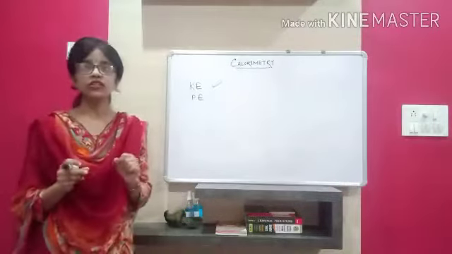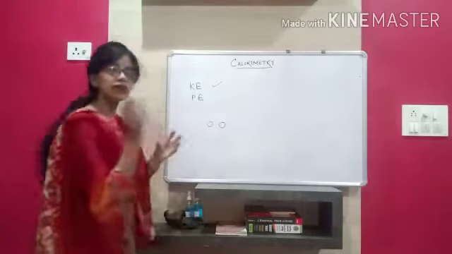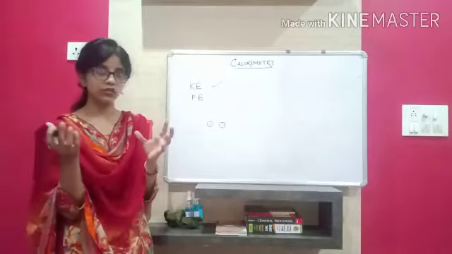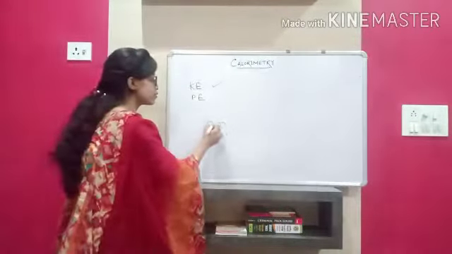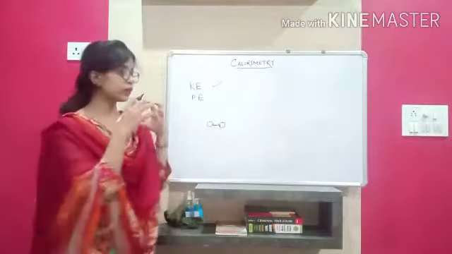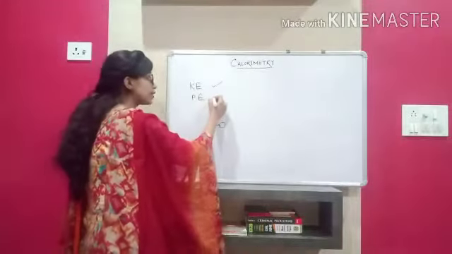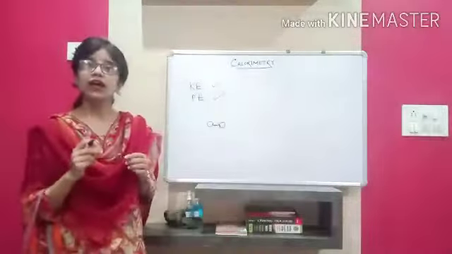And then we have potential energy. We know that all the molecules have a force of attraction with each other, and because of that, because of their position, because of their configuration, they possess this potential energy.